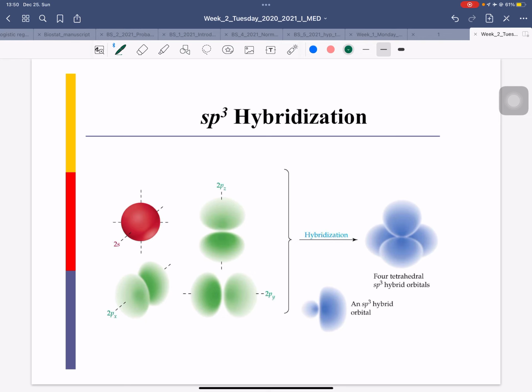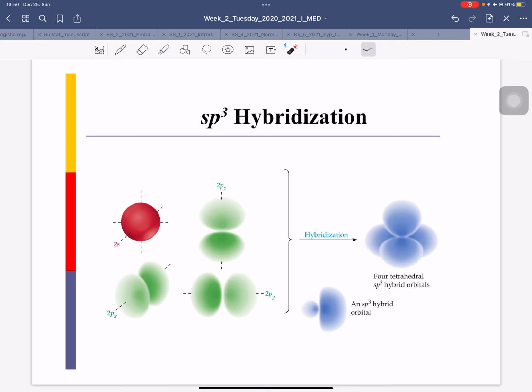As you remember, the shape of the p orbital is a pair of lobes on opposite sides of the nucleus, because here is the nucleus, and the 2 lobes on opposite sides, or we can say it's a dumbbell shape.